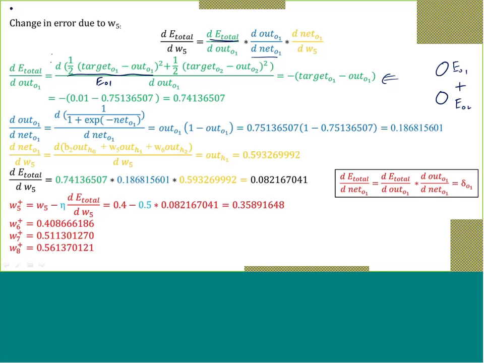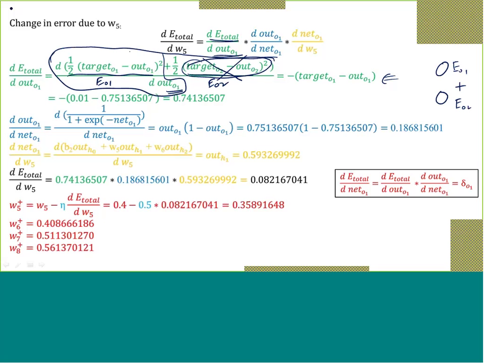Total output is nothing but the sum of E01 and E02. When I am differentiating it with output O01, output 01 does not appear in this function at all, so it is termed a constant and goes to 0. Now I am left with only this expression.